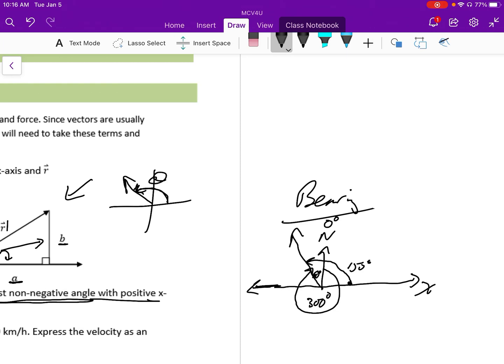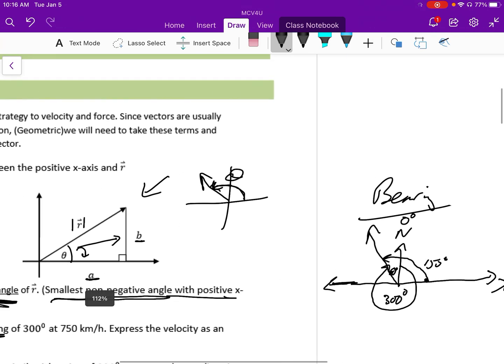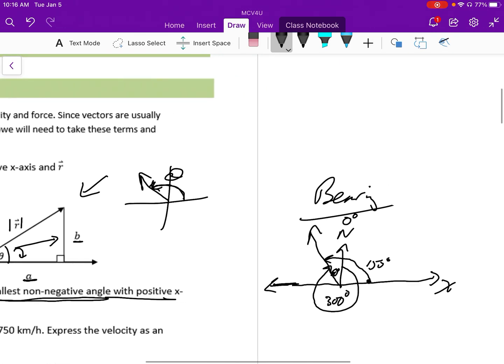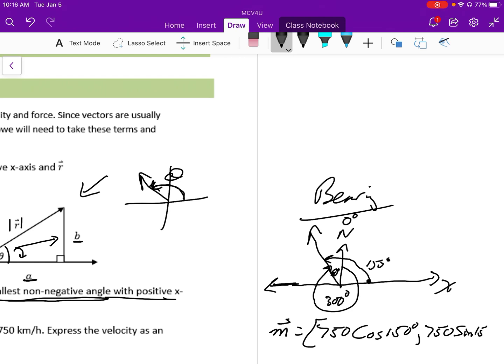The velocity is 750 kilometers per hour. So that means the x component of our missile is 750 times the cos of 150 degrees, and the y component is 750 times the sine of 150 degrees.